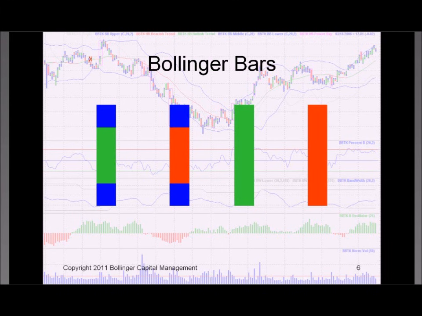One thing I did want to point out to you, something which people don't often realize, is that when we look at a candlestick or a Bollinger bar like this and we see a green body, it gives us a piece of information that you may not be aware of. It tells us the likely order of which was reached first, the high or the low of the day.